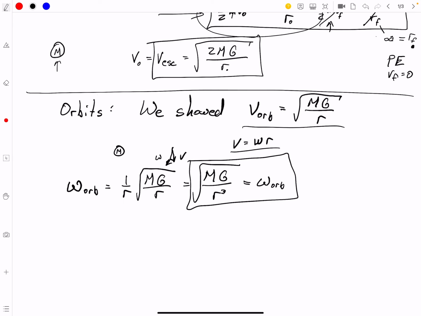And since we also know that the period of rotation is equal to 2 pi over omega, then our T for an orbit is equal to 2 pi, and then we just do the inverse of that.